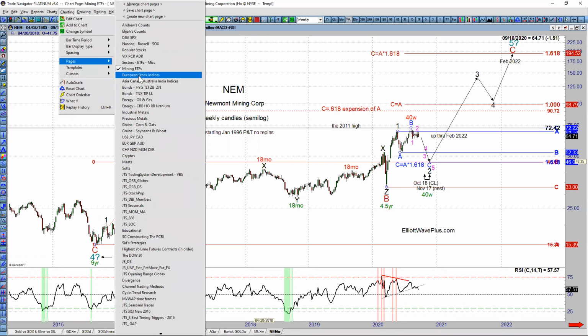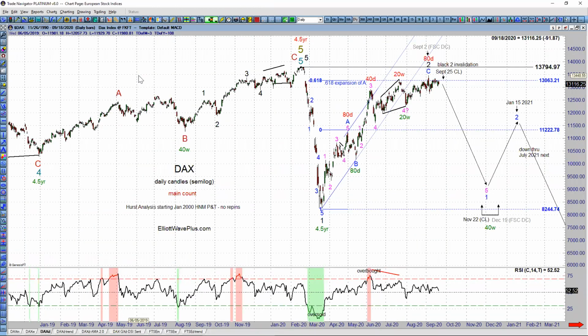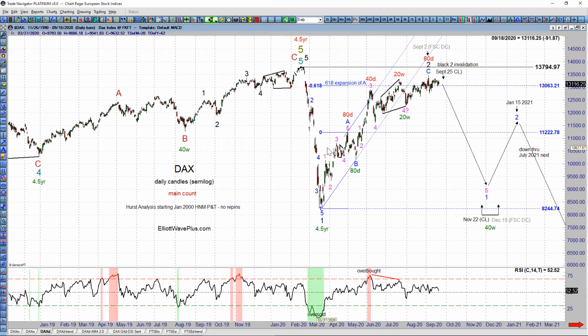Beware on DUST and NUGT. They just aren't generally good items to hold for more than a few short weeks, really designed for maybe a few short days.